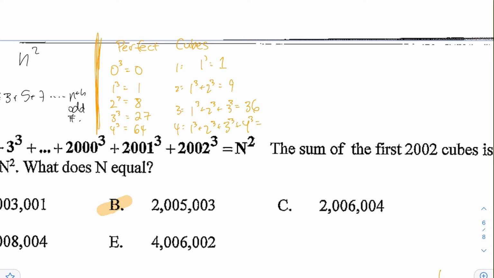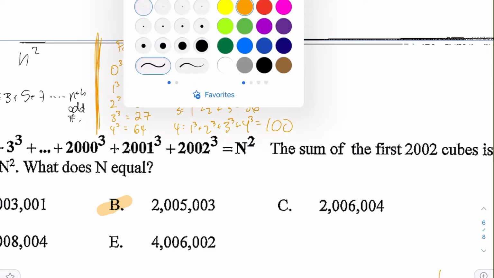That's 64 plus 36, which will be 100. There we go. So you kind of see a pattern here.